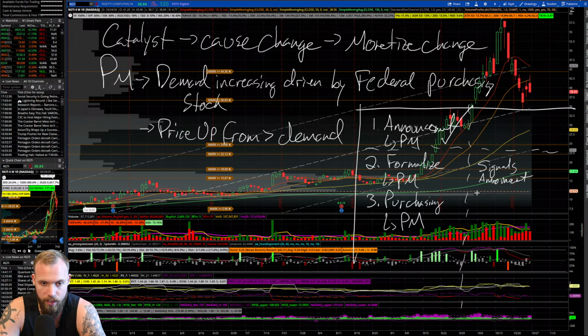The second thing is potential front running of the announcement. This can come across in different ways, typically in the options markets is where I would expect to see it. For the purchasing side of things, this is when you're going to see changes in price and volume in some way.